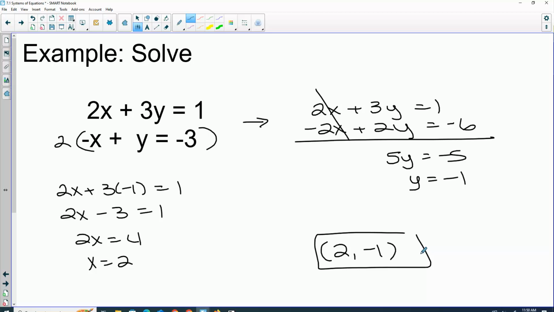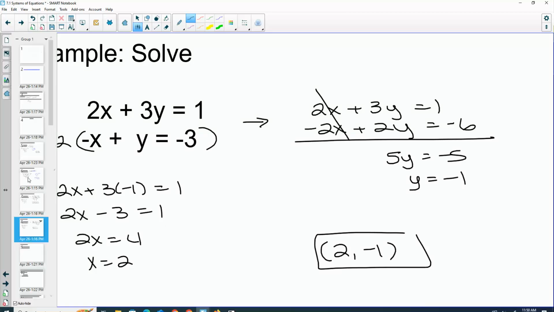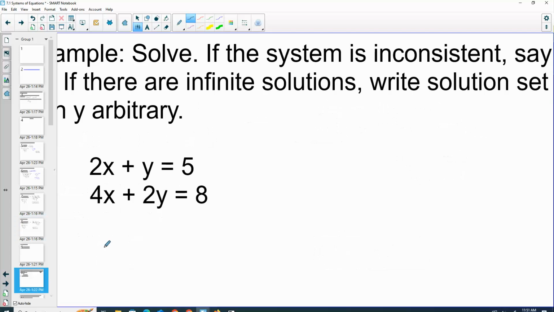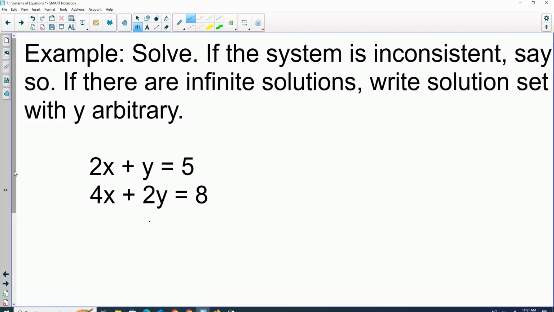I'd like to do 2 more problems just looking at a couple special cases. Let's say maybe this. So 2x plus y equals 5, and 4x plus 2y equals 8.